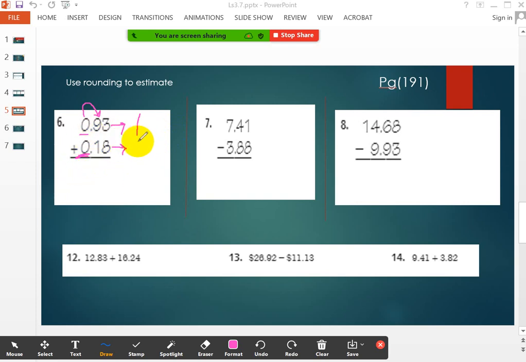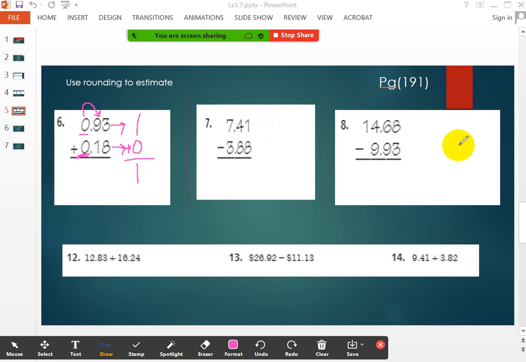The number in the ones is 0, right? So I will keep the same number in the ones, so it will be 0. Now I will add the numbers together. 1 plus 0 equals 1. Very good. Thank you so much, Noor.